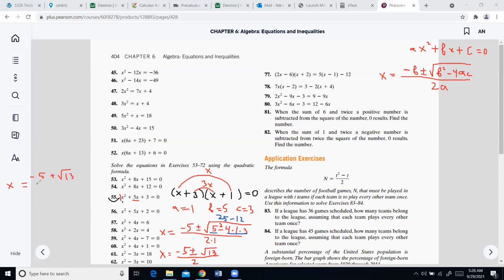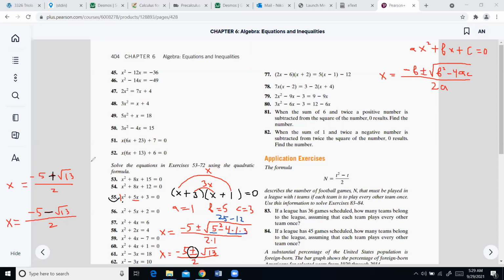And the second answer will be -5 minus the square root of 13, divided by 2. So the plus and minus signs with the square root of 13 tell you that you have 2 answers. This plus minus, I write as plus for one answer and minus for the other answer. And those are the answers.